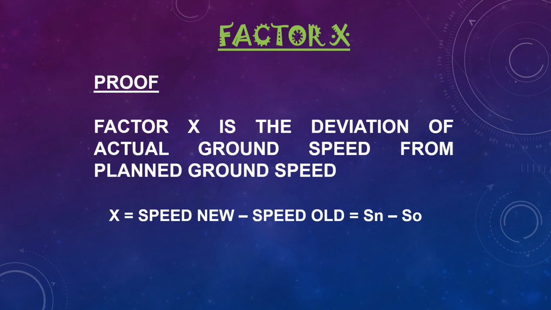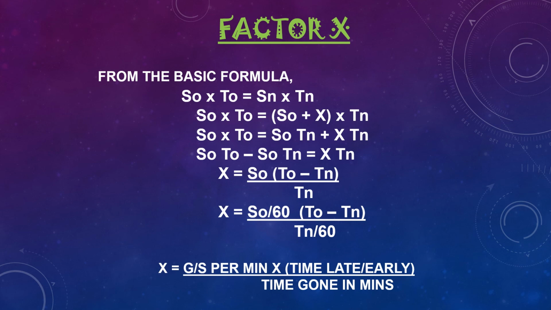To prove it, we go back to the basic definition of factor X, as it is the deviation of actual ground speed from the flight plan ground speed. We can say that it is the difference of new speed and old speed. As x is the difference of speeds, we can say that the new speed Sn is equal to So plus x. Putting the values in the basic formula and solving it for x, we get factor x is equal to old speed into the time difference upon the new time, which is nothing but the time lapsed.